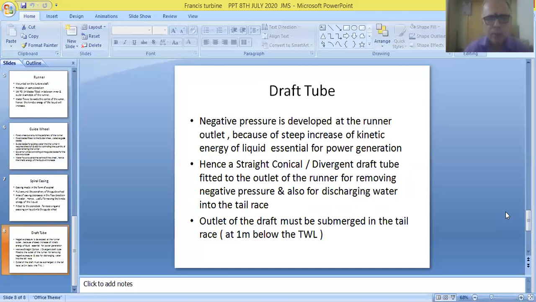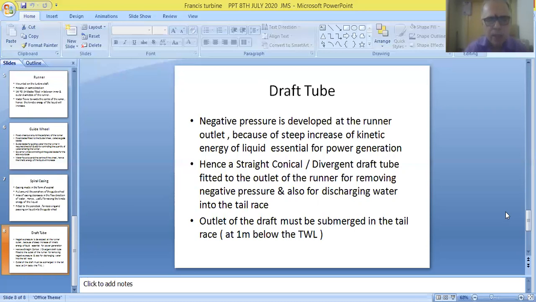It will be receiving water coming out of the runner, and it will be raising the pressure energy of the liquid. That means it will be removing the negative pressure of the liquid. And finally, it will be discharging the entire quantity of liquid onto the tail race. So this is the function and arrangement of the draft tube.